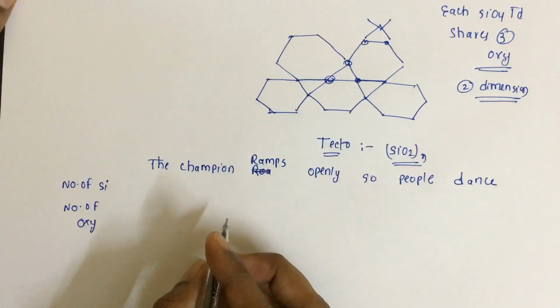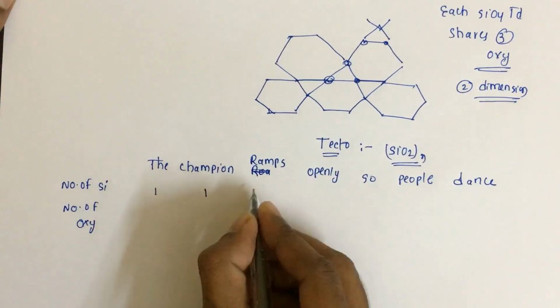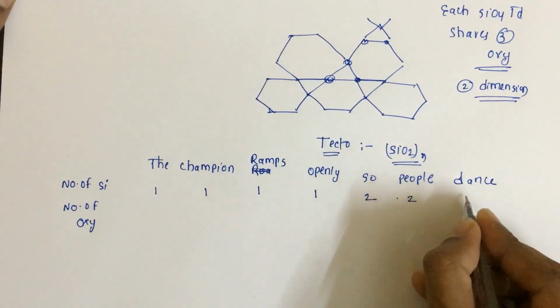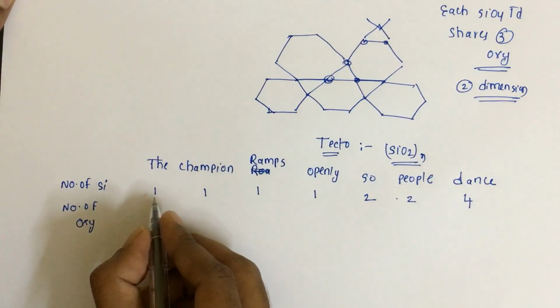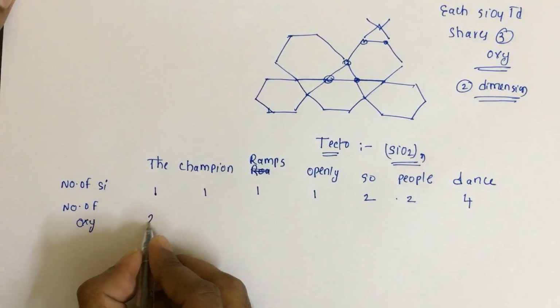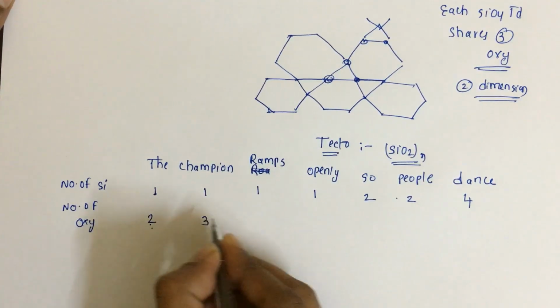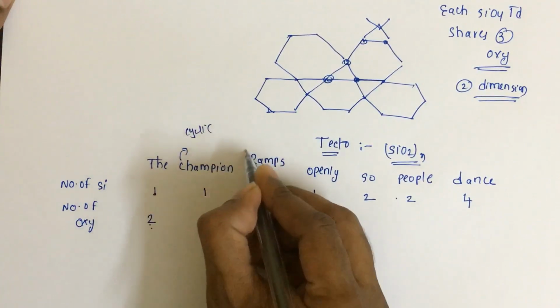Now just keep 4 ones, and here 2, and 2 twos are 4. Now this 1 plus 1, how much? 1 plus 1 is 2. You just remember 2. Now 1 plus 2 is 3, and here C means cyclic, R means ring.